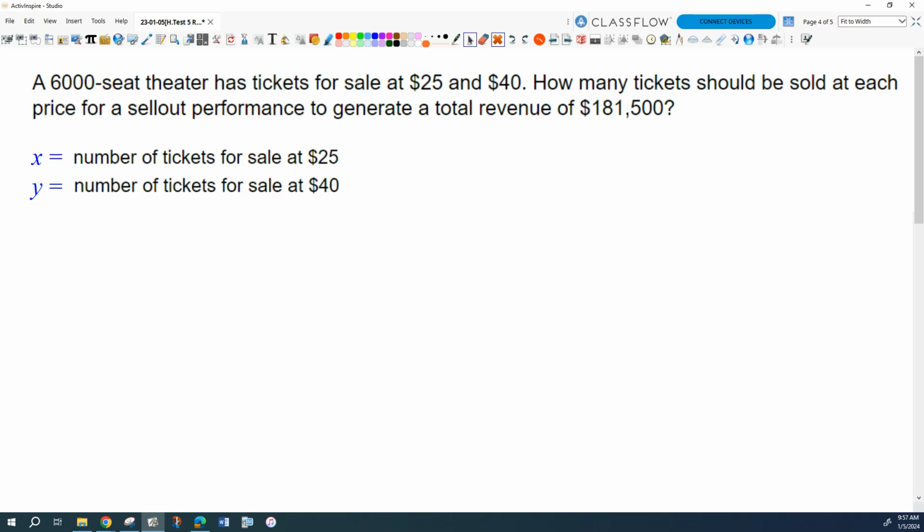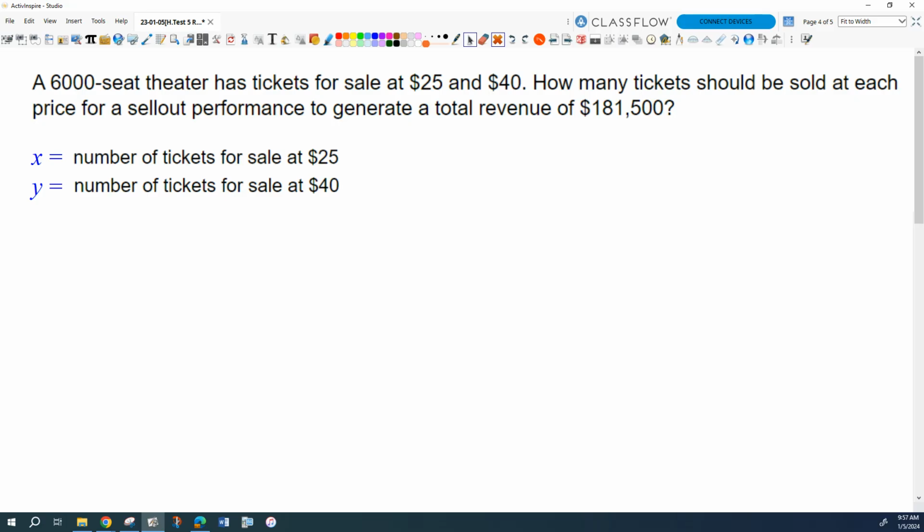Where's the first equation coming from? There's some kind of implied information here. Like, what's an important word in this? Okay, good, because we have a sellout performance, so all the seats are being sold. There's 6,000 seats. There's our x plus y equals equation we always try to look for.